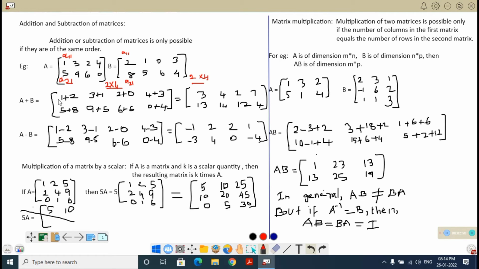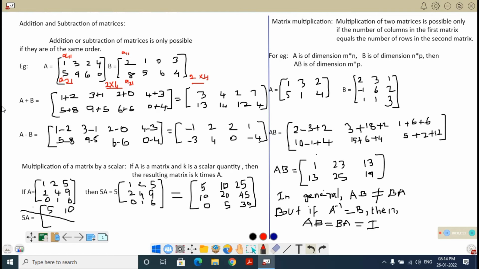So if we add these two, we will get the addition of two matrices, A plus B. So A plus B will be 3, 4, 2 plus 0 is 2, 4 plus 3 is 7, and 5 plus 8 is 13. Coming to the second row, 9 plus 5 is 14, 6 plus 6 is 12, and then 0 plus 4 is 4.